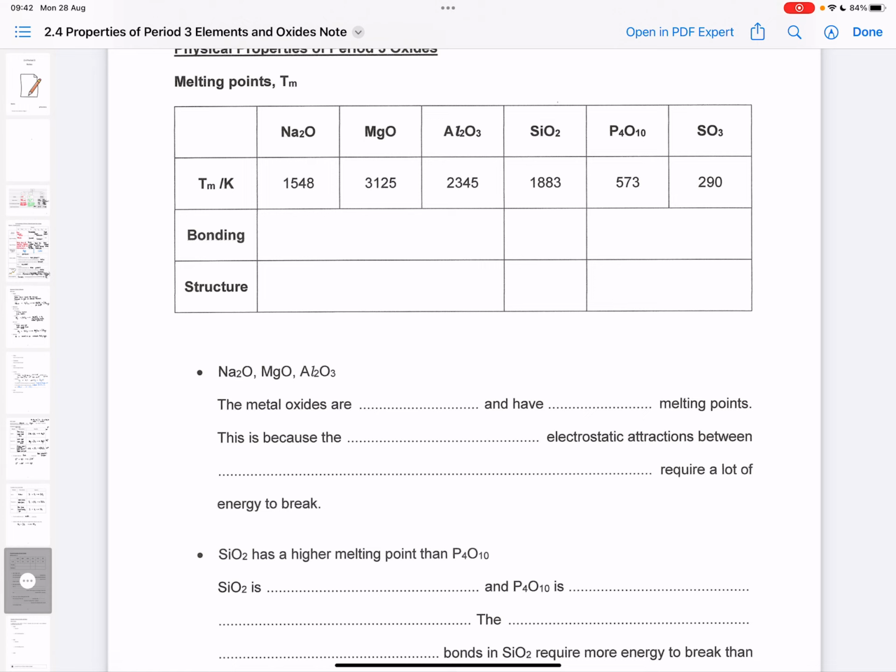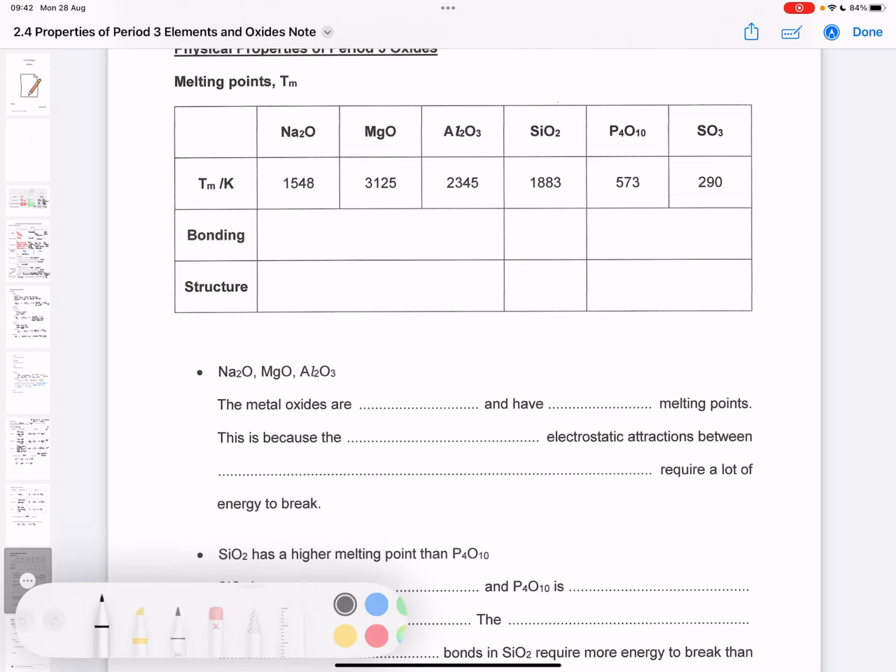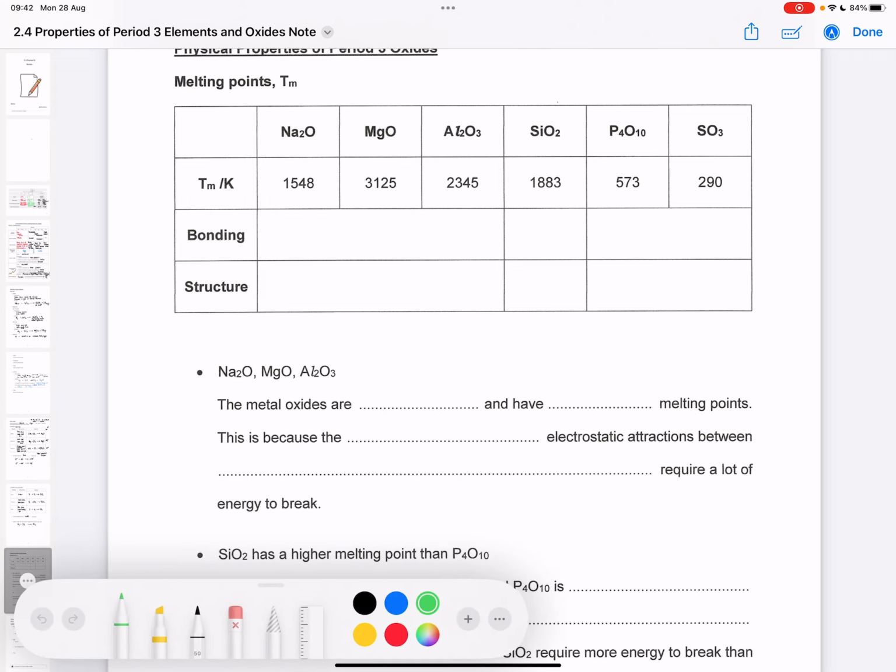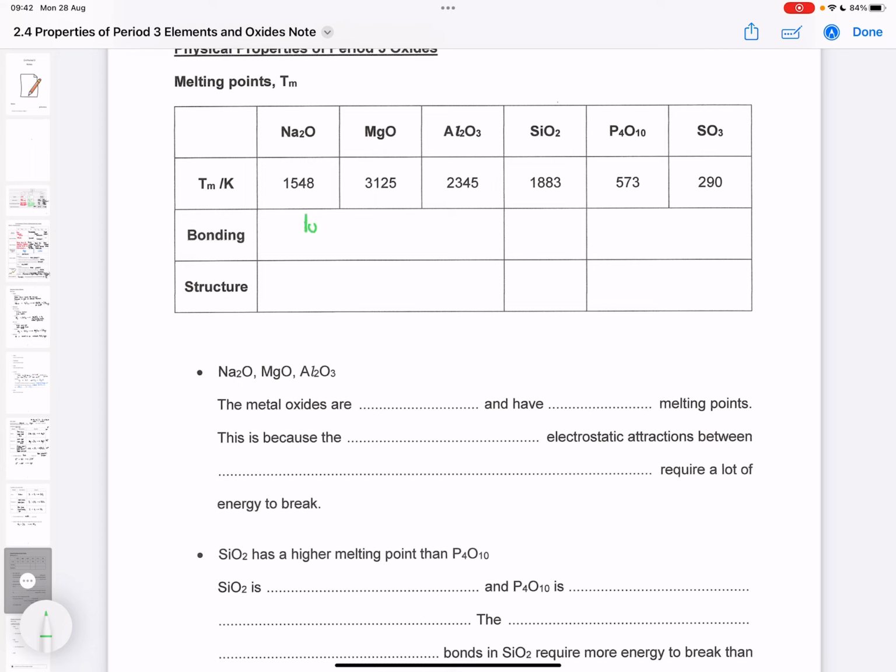If we go back to our page here, we've got sodium oxide, magnesium oxide, and aluminium oxide. They would be metal oxides, so that would be metal and oxide non-metal, and so we would be looking there at our ionic structures. Here we've got ionic or electrostatic force of attraction between oppositely charged ions.